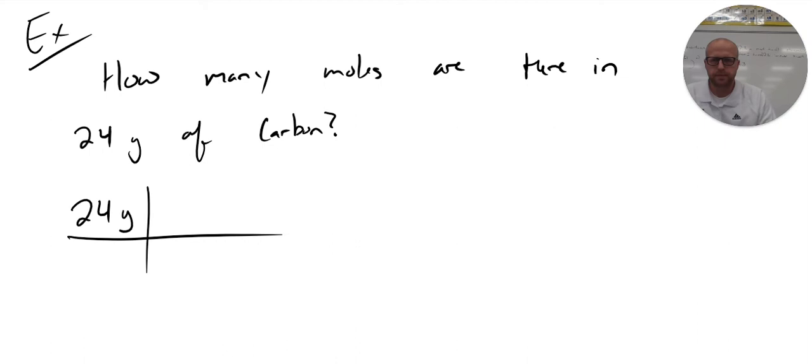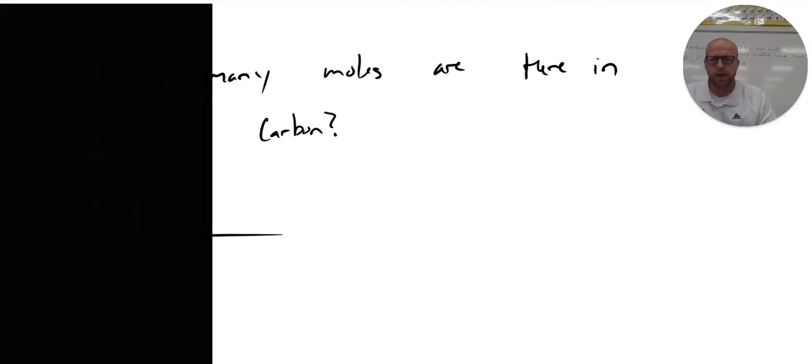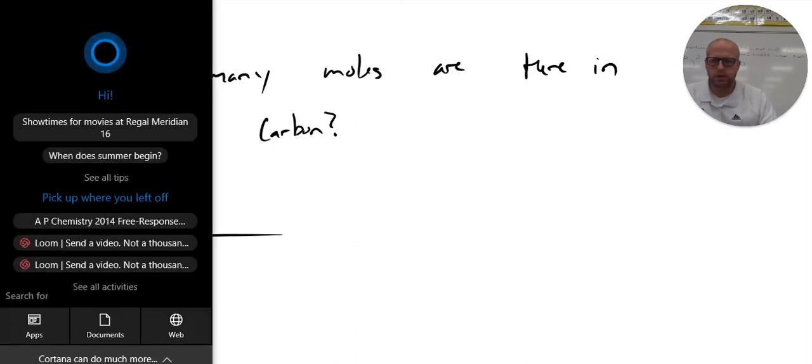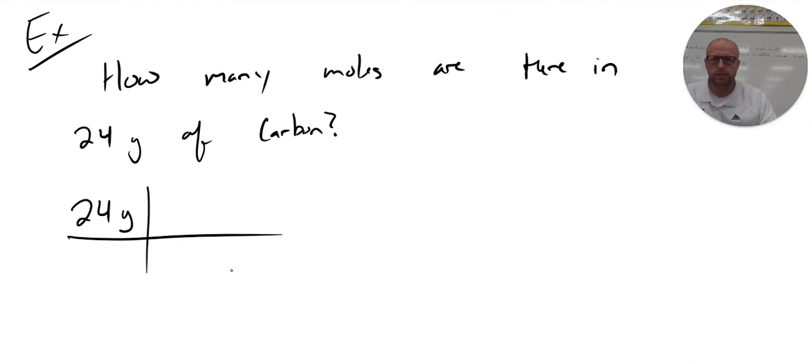Okay. Well, I don't want grams of carbon in my answer. So I want to cancel out grams, so I'm going to put that in the bottom. And what do I want to go to? Well, I want to go to moles. Well, from the periodic table, I know carbon has a molar mass of 12 grams per every 1 mole.